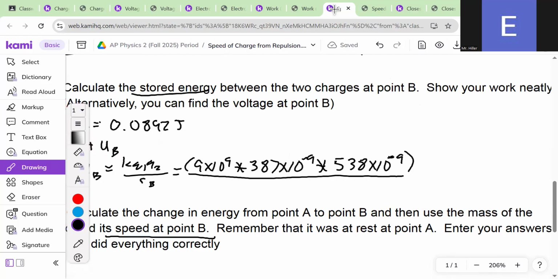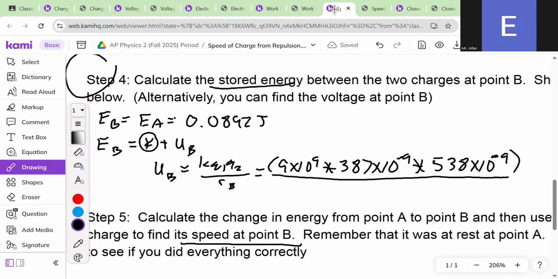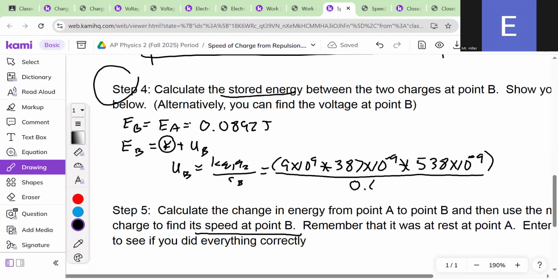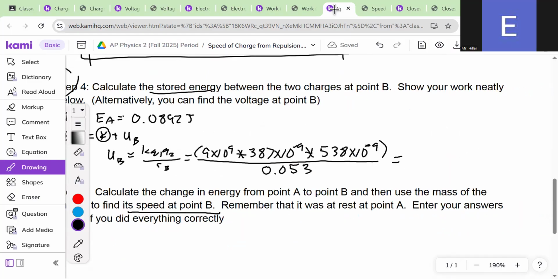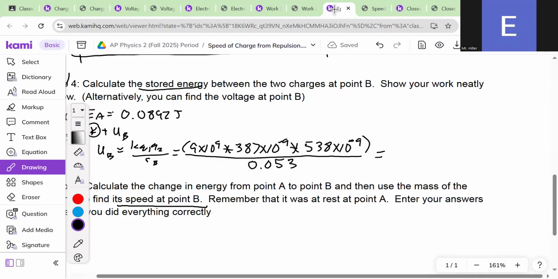Okay, all over, I believe it's 53 millimeters, so that would be 0.053 meters. Okay, so it's going to be less. It's going to be less potential energy because you're farther away now. Let's figure it out. Figure out yours, I'll figure out mine. My potential energy reduced to 0.0354 joules.